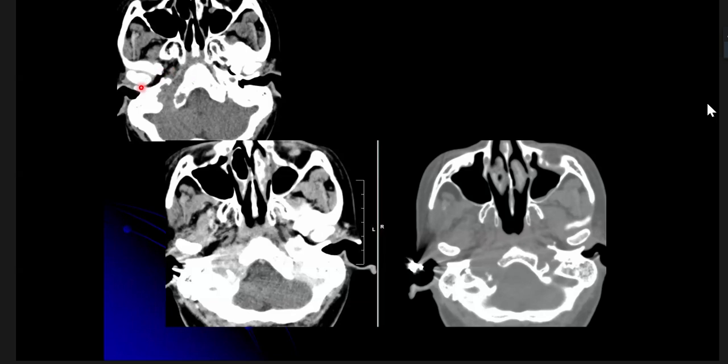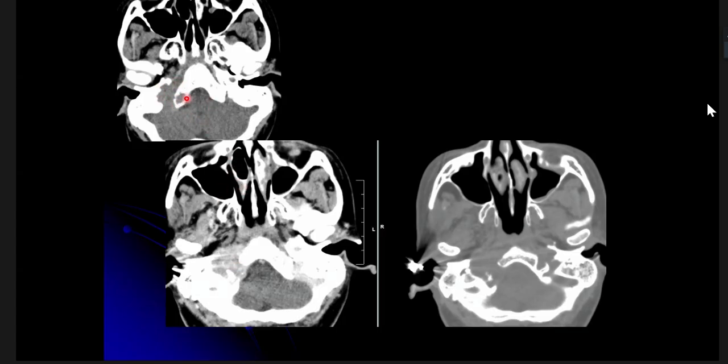So something abnormality in which region? What is this region? Jugular foramen. Excellent. So we have abnormality in jugular foramen.